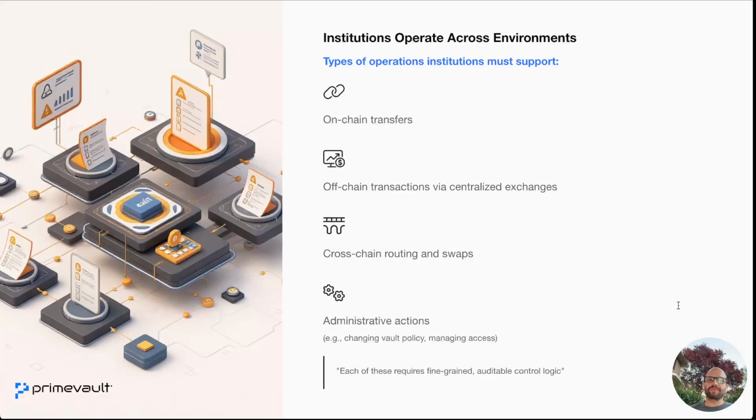And most people, when they think about the smart contract or smart vault problem, they're focused entirely on the keys and they basically ignore the administrative transactions and they ignore the complexity of the policy for how to do that interaction. And so all of these different interactions that you want to have with your vault, the on-chain, off-chain, cross-chain, administrative, all of those have to be mediated by some policy.